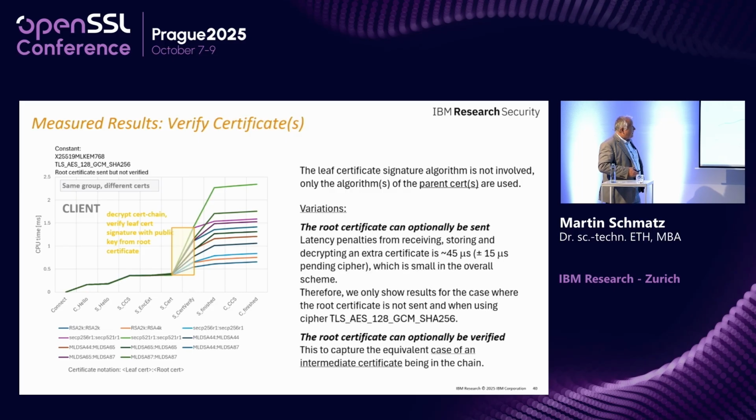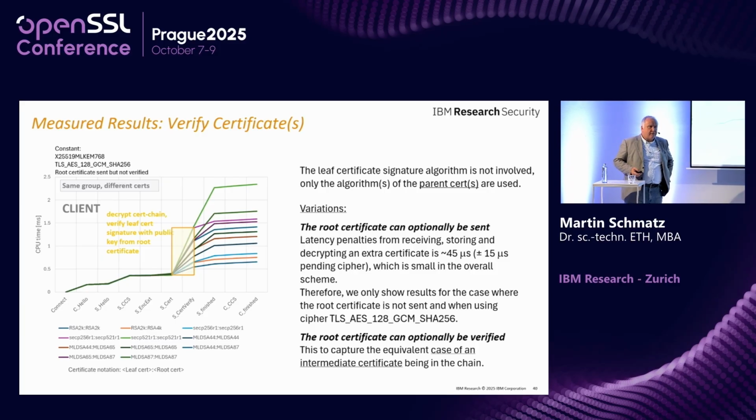It's the certificates that count here and the signatures on the certificate. So there are a couple of options people have. They can either send the root certificate or not. They can even verify the root certificate or not. Now, usually people don't verify a root certificate because it's most probably self-signed anyway, so why verify a self-signature?